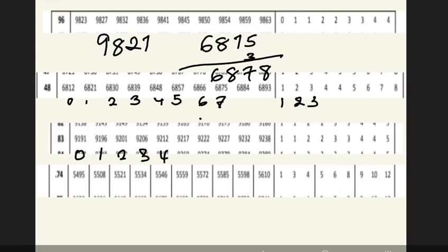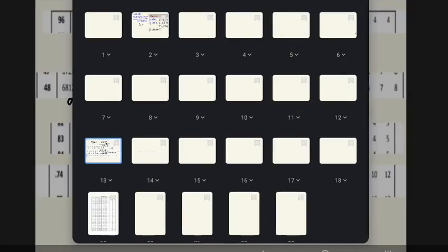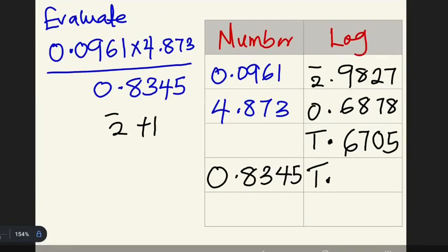So it gives us 9212. Now difference 5, which is 1, 2, 3, 4, 5, so it's 3. You add it together to have 9215.